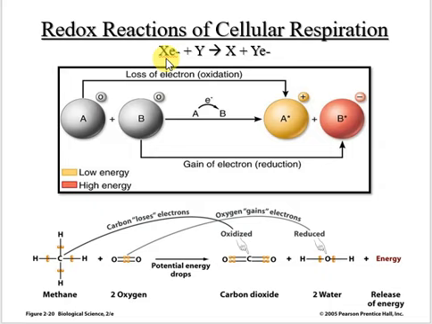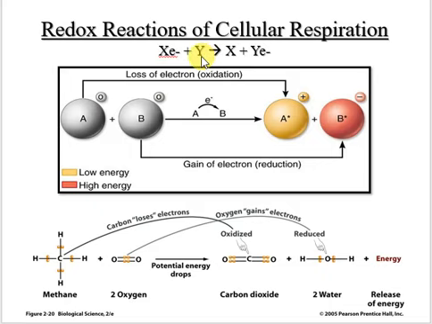It is becoming oxidized, so it loses its electrons, and therefore serves as the reducing agent. We say that it serves as the reducing agent because it's going to end up reducing Y. Y is going to pick up those electrons that were lost by substance X. So X is becoming oxidized, Y is becoming reduced.